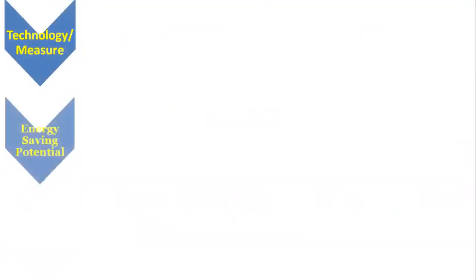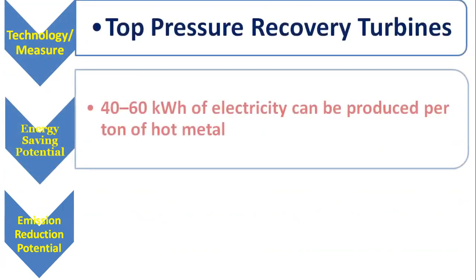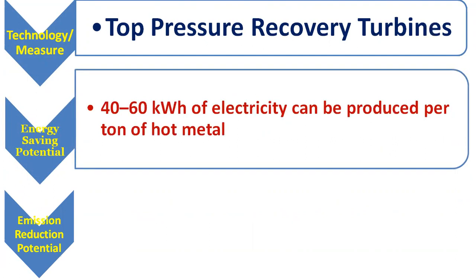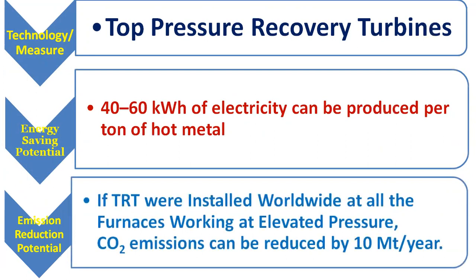So the next measure is the top pressure recovery turbines. That's the latest technology. Using this, 40 to 60 kilowatt hours of electricity can be produced per ton of hot metal. A dry process top pressure recovery turbine installed at a 1 million tons per year blast furnace produced 55.4 gigawatt hours of electricity per year, as shown by the literature.